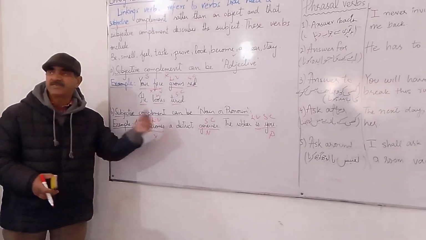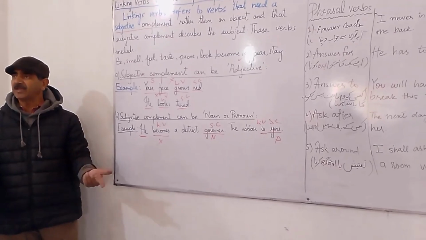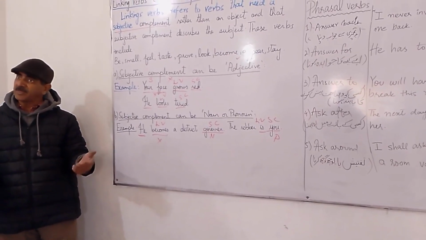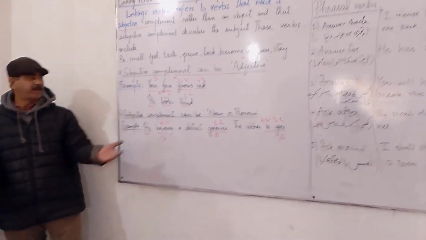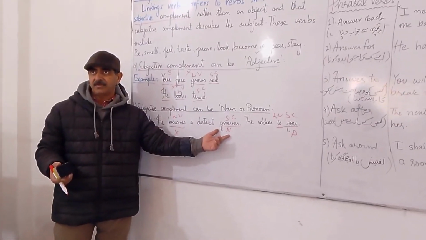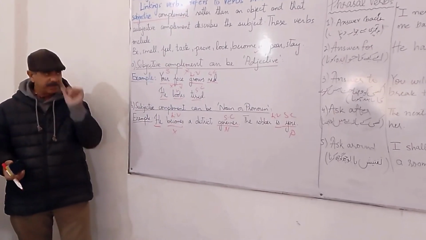If I simply say he becomes a district, district is the name of an area. Clear? So he becomes a district until and unless I write the designation, governor. Clear?